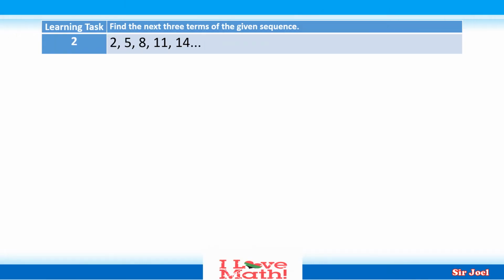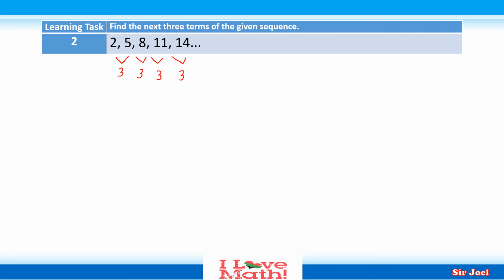Next sequence, we have 2, 5, 8, 11, 14. 5 minus 2, the answer is 3. 8 minus 5, the answer is 3. 11 minus 8, the answer is 3. 14 minus 11, the answer is 3.